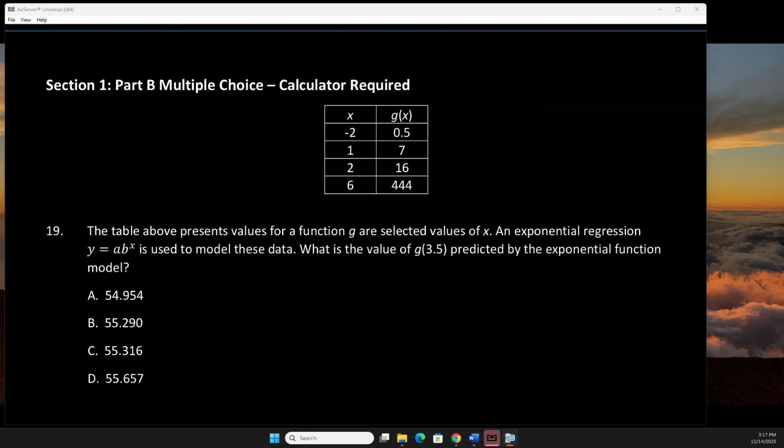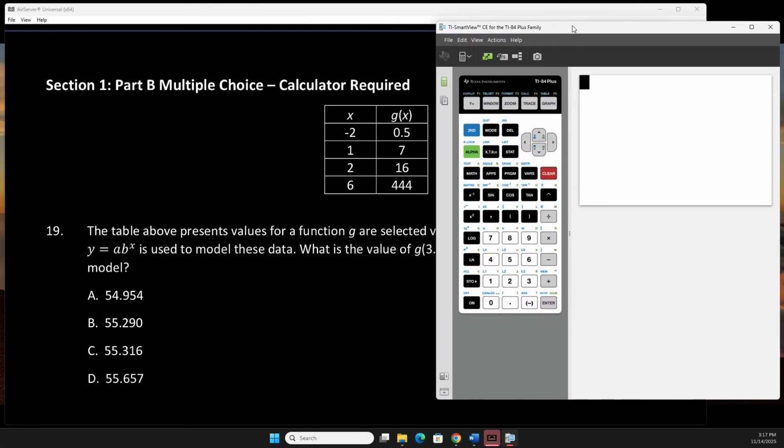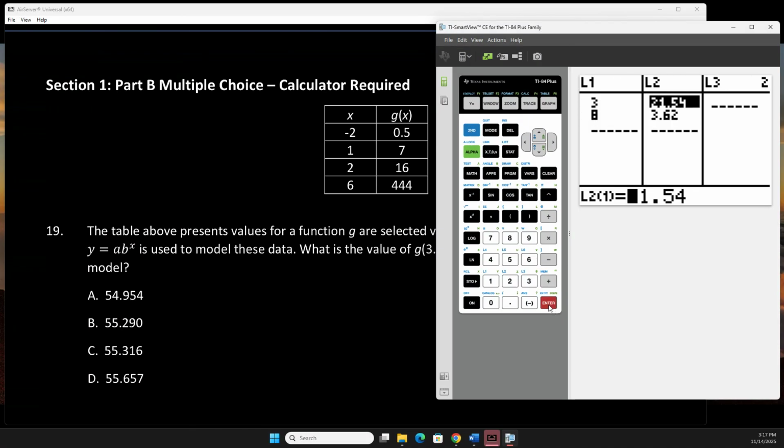I'm just clearing some stuff out. So we're going to go ahead and put that data into the calculator by hitting stat and then edit. I have some stuff in here I'm just going to clear out real quick by hitting up, clear, enter.